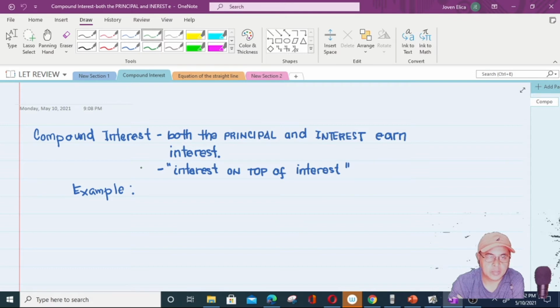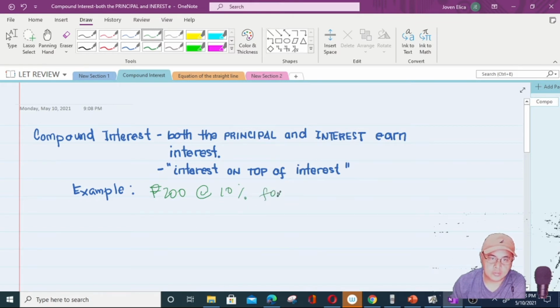So if you borrowed money, let's say 200, let's have an example. For example, I borrowed money, 200 pesos, and I will pay 10% interest for 1 year. So that means annually.